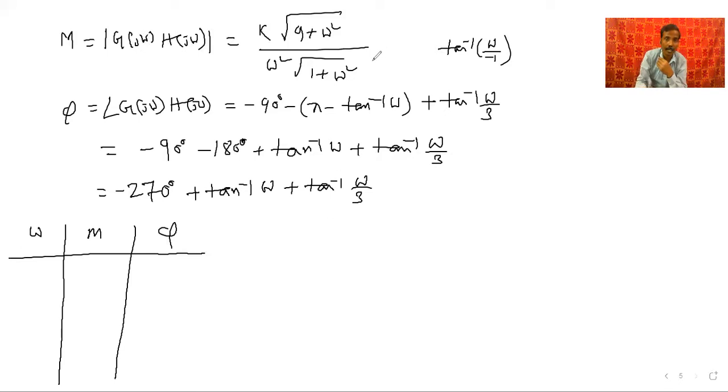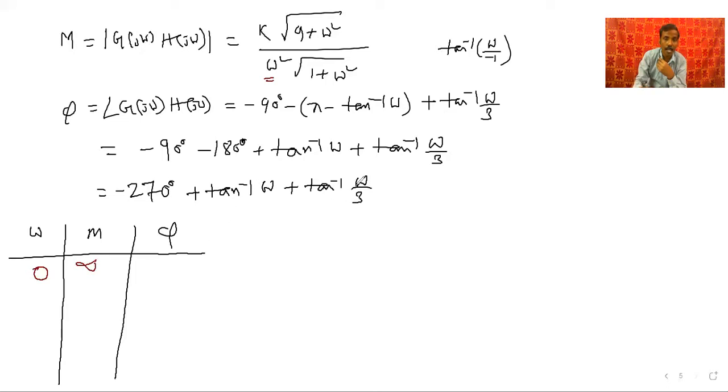Then first value omega equals 0. For omega equals 0, what is the magnitude? Magnitude equals infinity, because something by 0 is infinity.